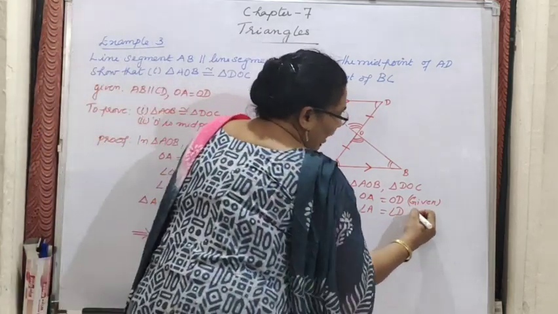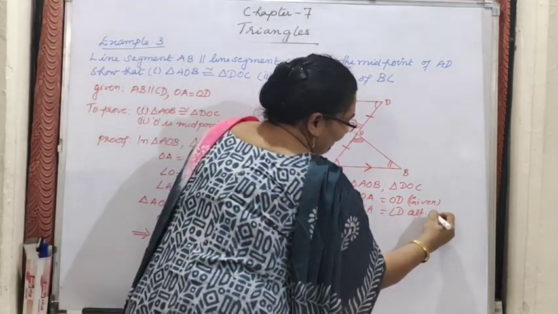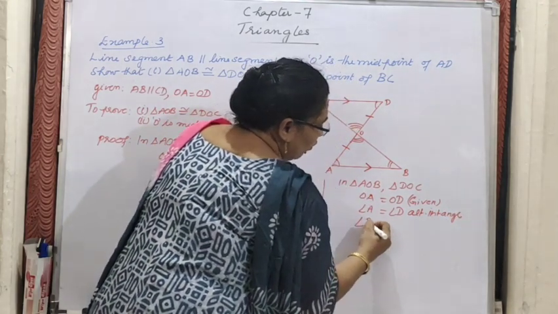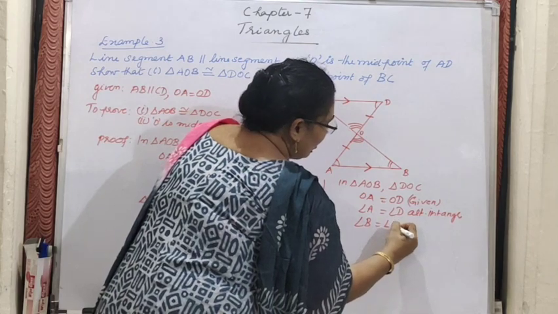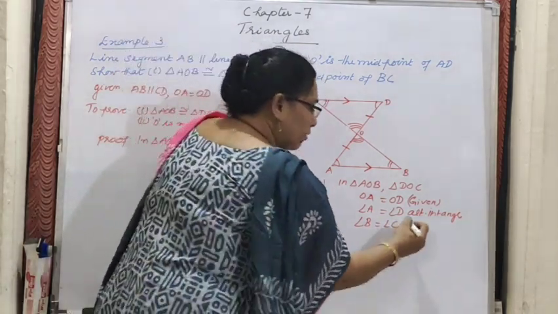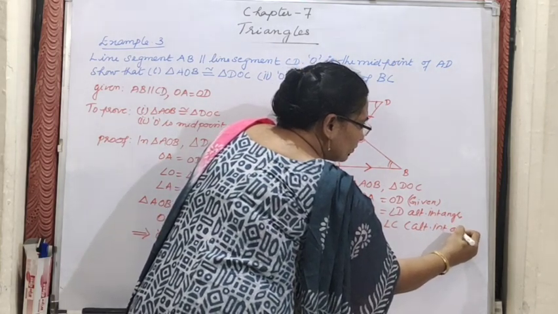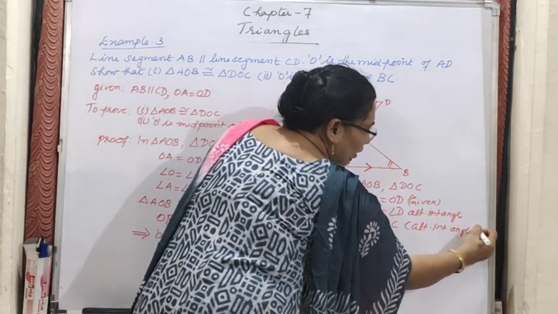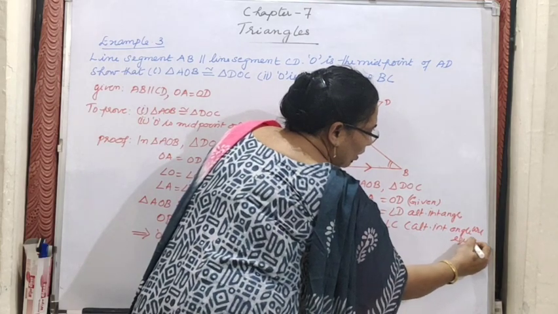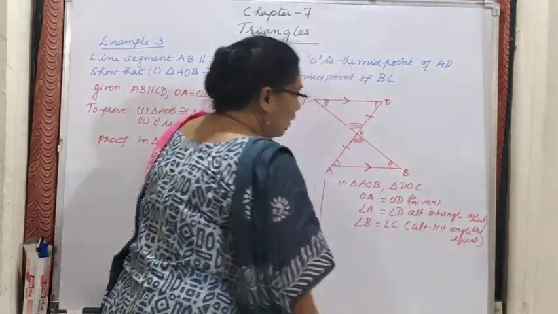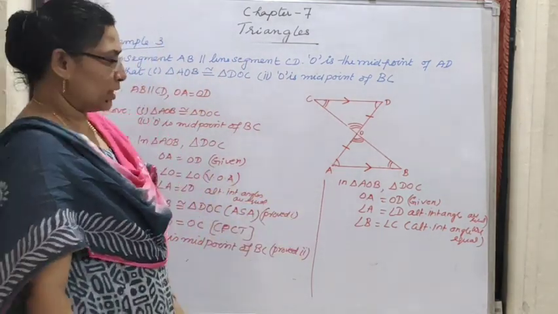Alternate interior angles. And one more criteria for alternate we can write, that is angle B equal to angle C. Same way, alternate interior angles are equal. So we got two angles and one side only.